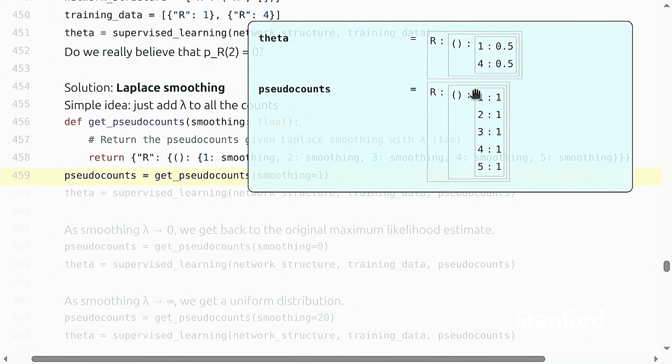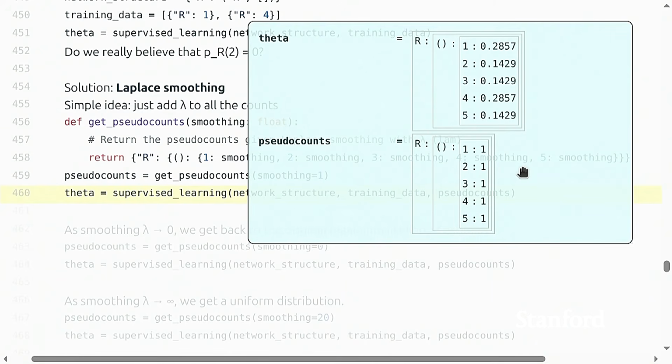Let's pretend we saw this movie and we saw 1, we saw 2, we saw 3, we saw 4, we saw 5. We didn't actually see this data, but let's just pretend we saw it. And now I'm just going to take these pseudo counts and add them to my counts when I do supervised learning to get theta.